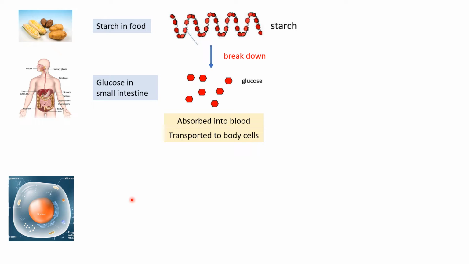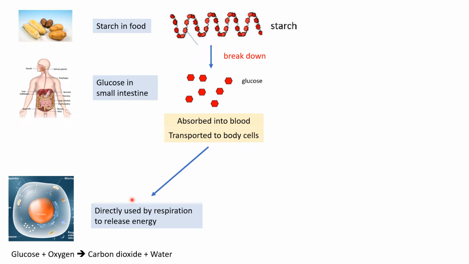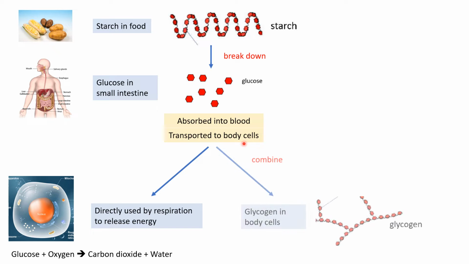Once the glucose enters these body cells, there are different possible outcomes. Either the cells directly use the glucose by respiration to release energy, or the cell may choose to combine the glucose into polysaccharides, in this case glycogen, for storage. Now this will happen when the glucose is in excess.